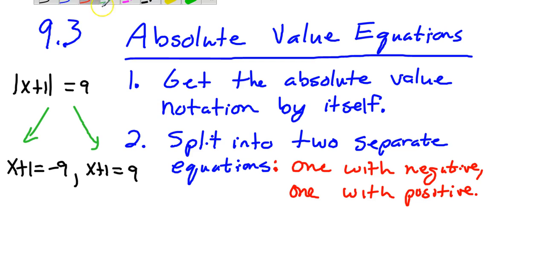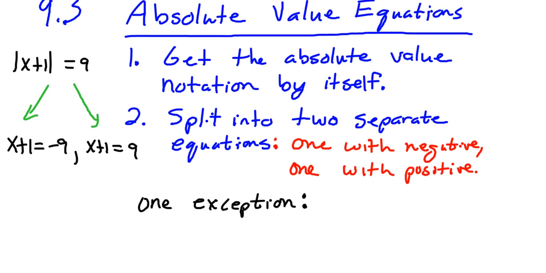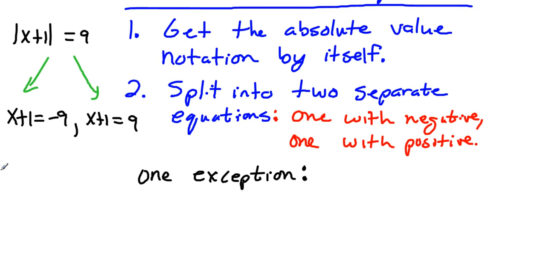Now, here's the only time that you want to not do this. Before we get to step 3, here's where we'll do one exception, kind of like a 2A and a 2B.